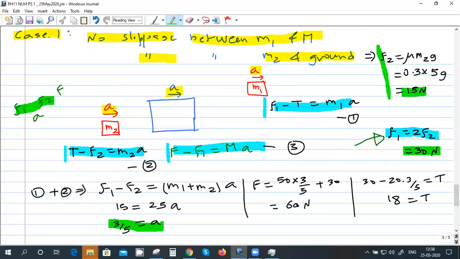Acceleration value is correct? Yes, sir. I think so. Okay. And after that you have to find capital F. That you can get from this one.